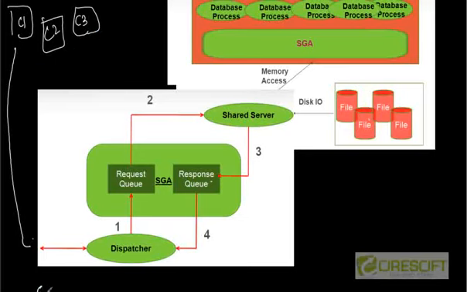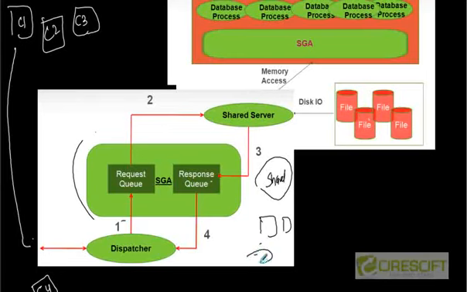That means when client number 4 comes, the listener is going to create another shared server, another request queue and response queue exactly similar to what we are showing here, and then client 4 is going to have his dispatcher process, and the client 4 dispatcher process is going to put those commands in the request queue, and then this shared server is going to get that command from the queue, execute, and get it out. Okay, and then client 2 will have another dispatcher, and client 3 will have a dispatcher.